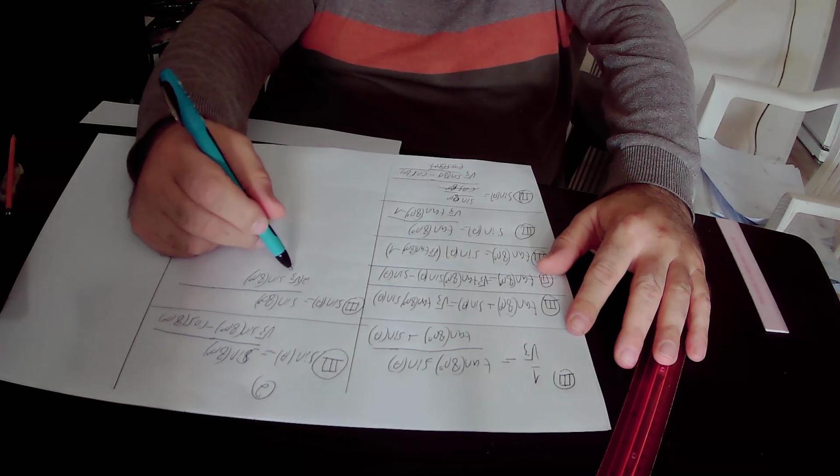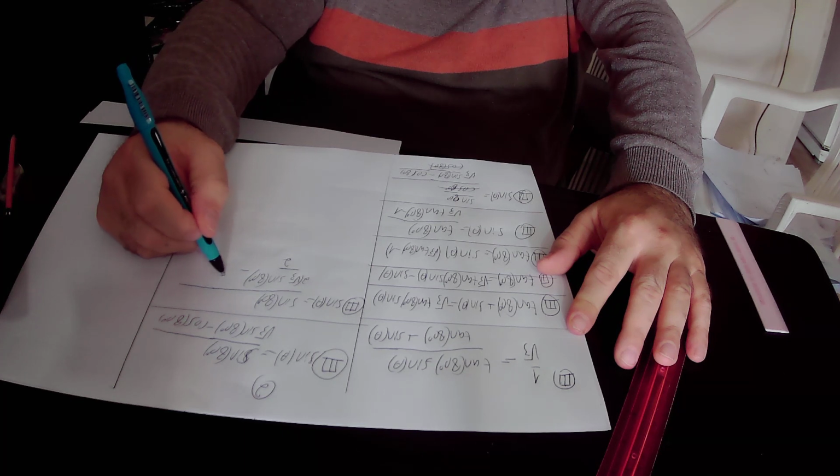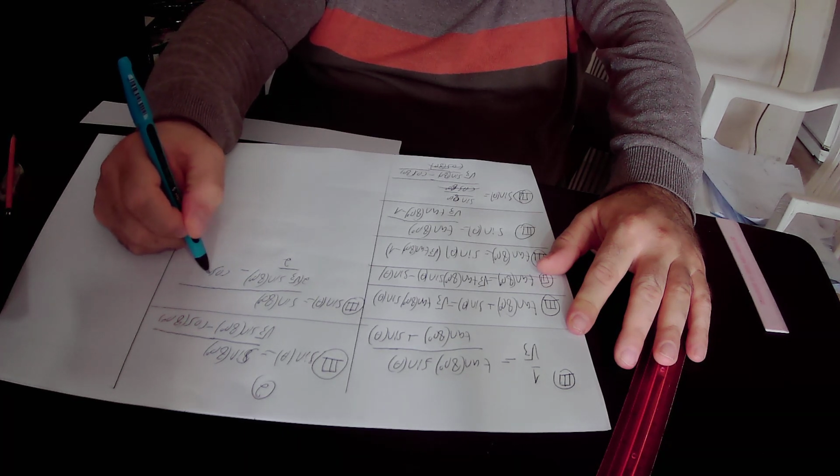So we will divide it by 2, which will be square root of 3 over 2, minus cosine 80 degrees. We will also divide it by 2.